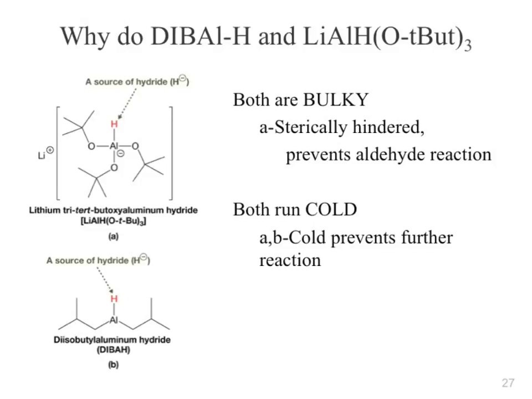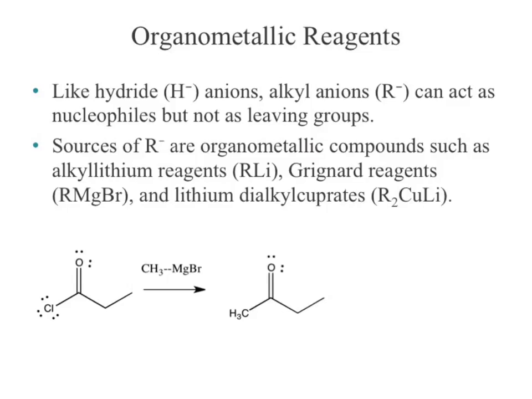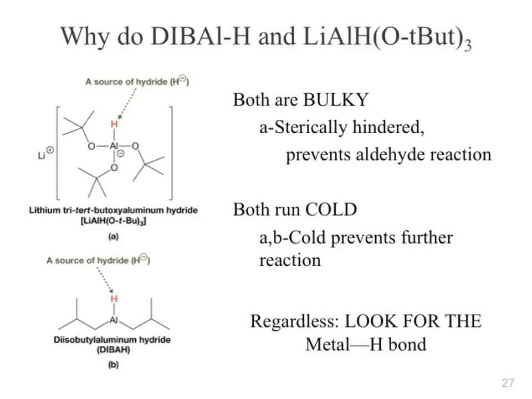Okay. Can we further, let's see, did I actually make a slide on this? I didn't. All I ended up saying was regardless, look for the metal hydrogen bond or metal hydride bond. Okay? So if you take a look on the internet for reducing agents, you will find that we can change the ligands, in this case our tert-butoxys or our isobutyls.